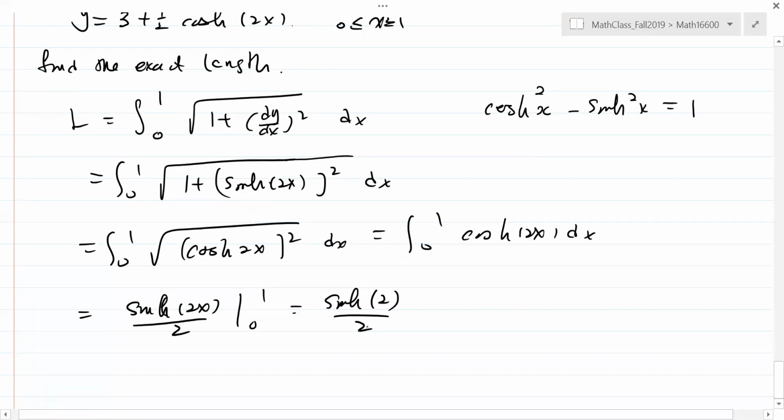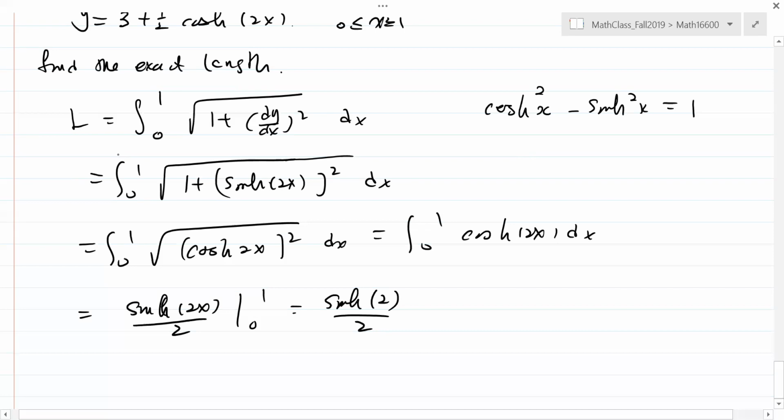So it's very important to show these two steps first. Then it's up to you, if you're able to figure out how to evaluate the integral, then you continue.